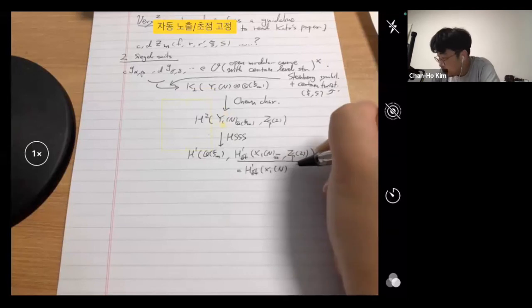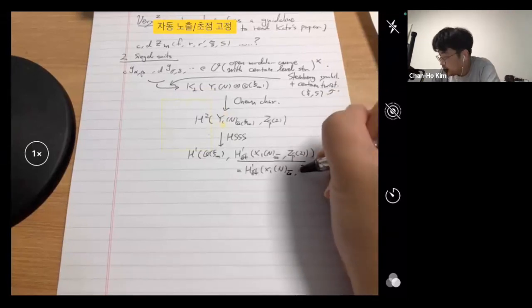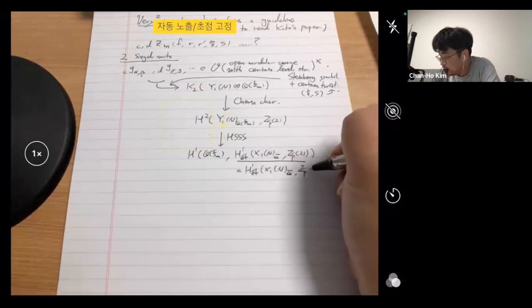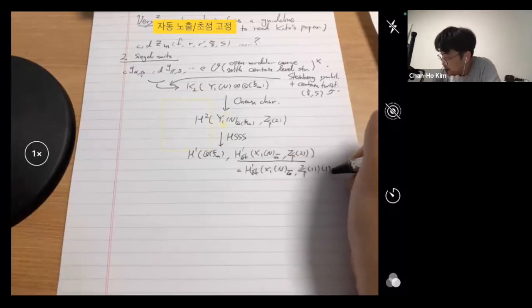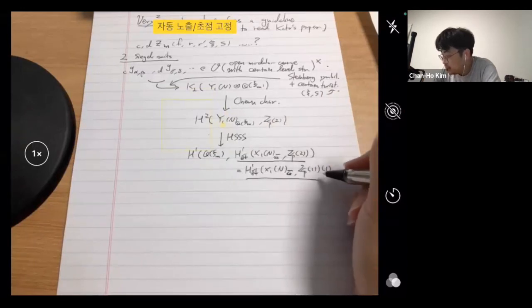And this is, of course, H^1 etale of X_1(N). Oh, this one is over Q-bar now, so it really has the Galois action first. Now I split the Tate twist.